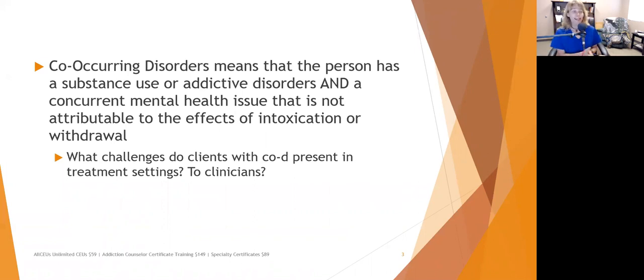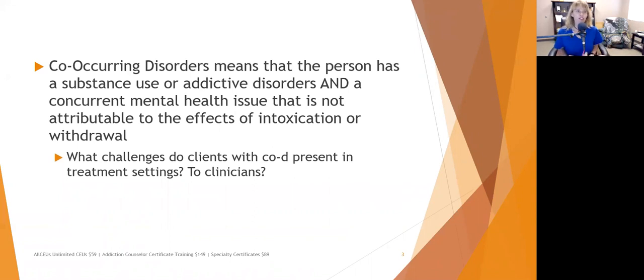People who are trained as addictions counselors are often only given very, very cursory training in mental health awareness. Now, in a lot of states, people who are addictions counselors cannot diagnose mental health issues, but they can screen for them, and they can say, well, this person appears to have a concurrent mental health issue. We need to get a full assessment for that done by a mental health clinician.